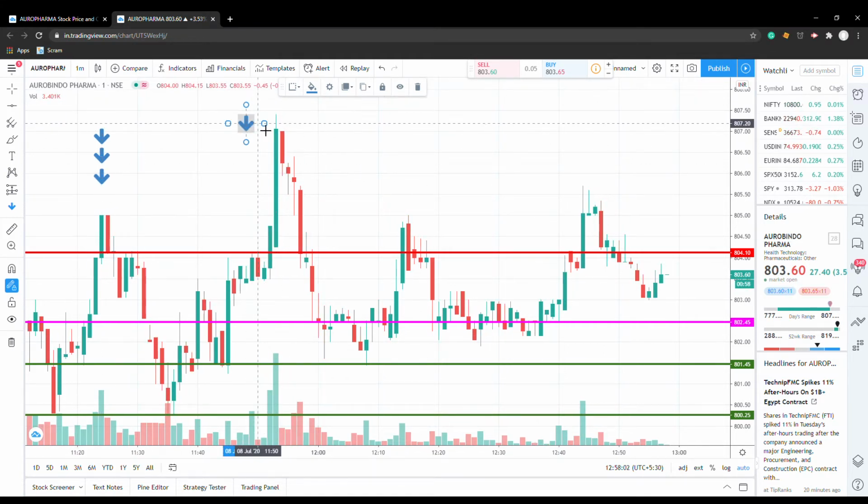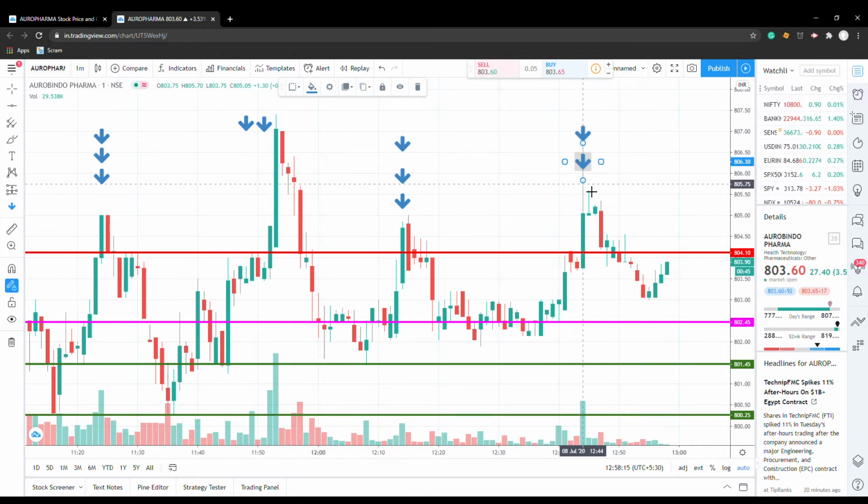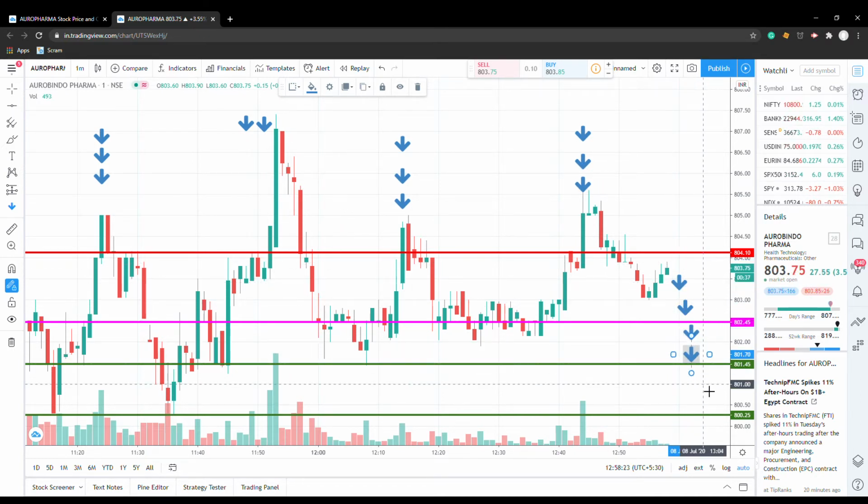This will be the head. Yes, this one will be the head. And this one will be the shoulder, but still we can call that the shoulder. And this is also a shoulder. So if the stock goes below that neckline, we'll put our entry point, and this is the movement we are expecting to catch.